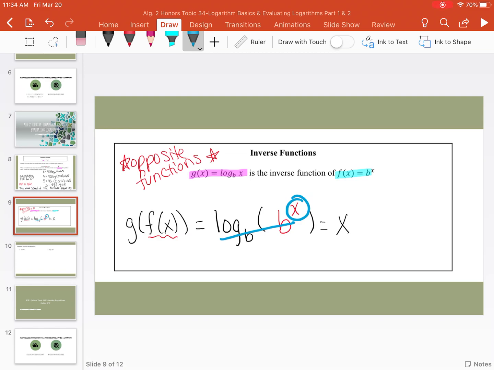If we were to do the other way, for example, if we were to have f of g of x, here we have b to the x, where the x is my g of x, which is going to be log base b of x.